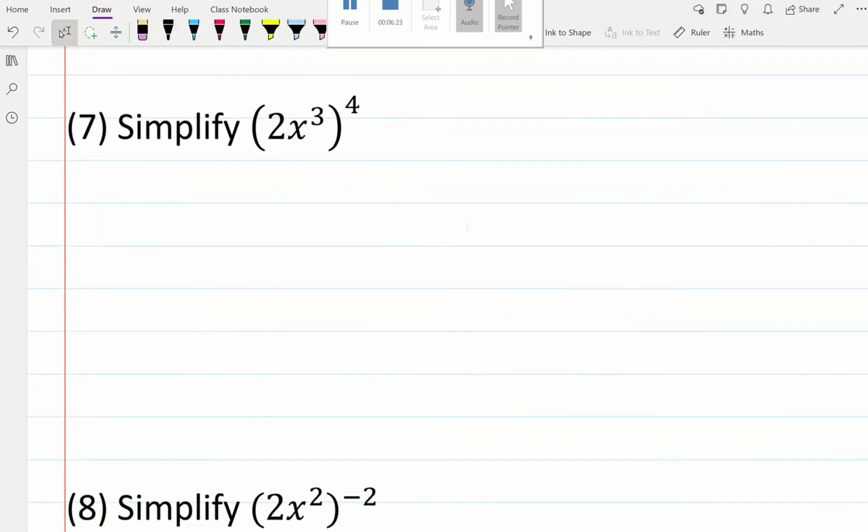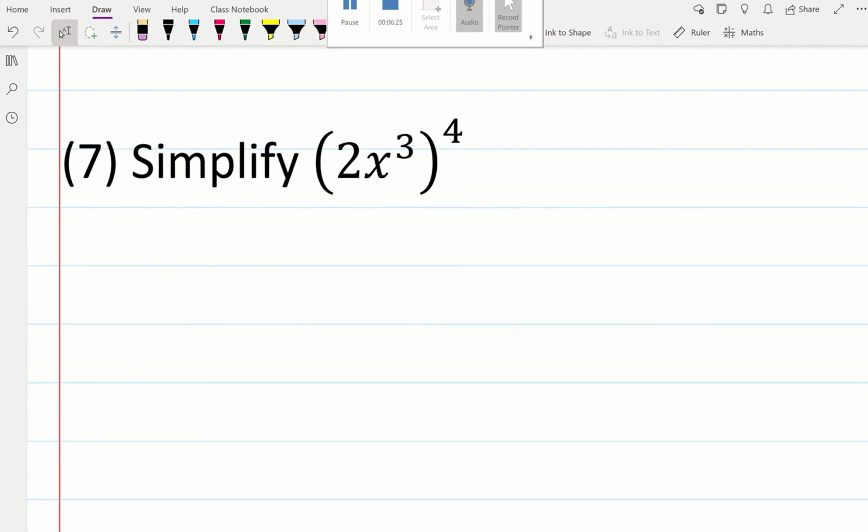Now we get to our powers and brackets. The first thing you need to remember is, I'll put a slightly simpler one. If you have 3 squared all to the power of 4, the base doesn't change because there's only a base, and those two powers are multiplied.